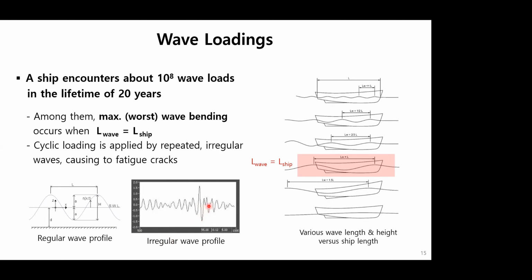In terms of wavelengths, there are so many different lengths of waves compared to the ship, as you can see in some examples in this figure.